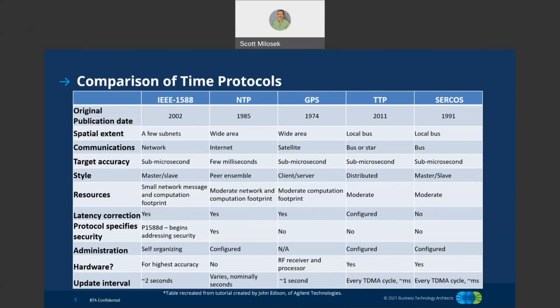There is some security being developed around the protocol. The security is mostly focused on a keying mechanism to ensure authentication of both the master and the slave clocks. It's a self-organizing solution that only requires special hardware if you want the highest accuracy of precision in the context of your timing.